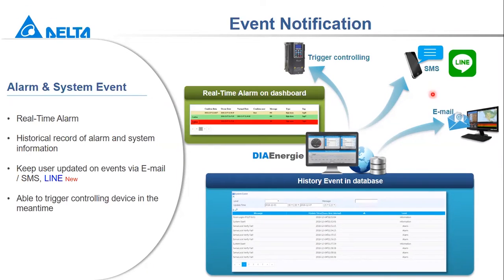We also support message and LINE. I think LINE is more suitable right now. It goes through the app on the mobile phone. Later on, we also have a video to show you how to do this kind of LINE notification.